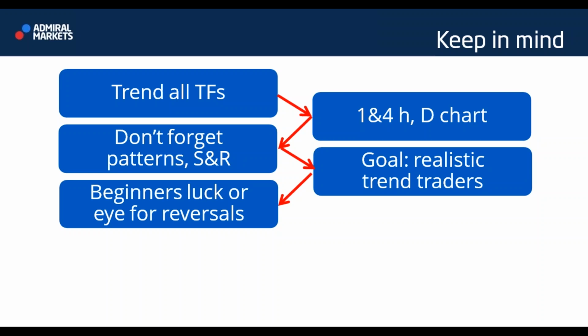Many of us have heard stories about beginners being very lucky. I don't know why this is so often the case, and I think the reason is that they just, by coincidence, catch a trend. They don't even see the trend on the chart, but they catch this push in one direction.